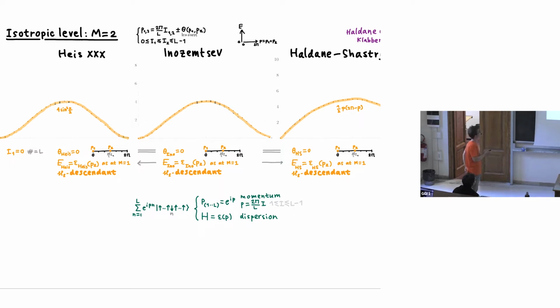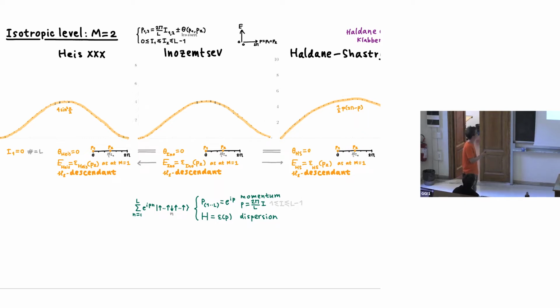So this theta is a known function. I don't want to give it here, but for each suitable pair of values of these integers, I need to solve these Bethe ansatz equations. I can order them without loss of generality.